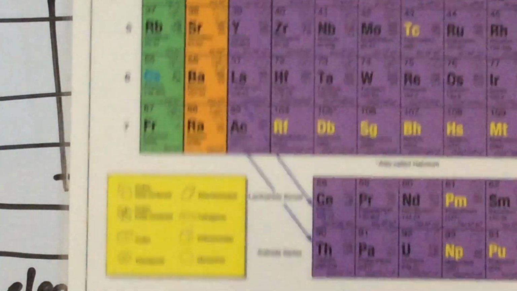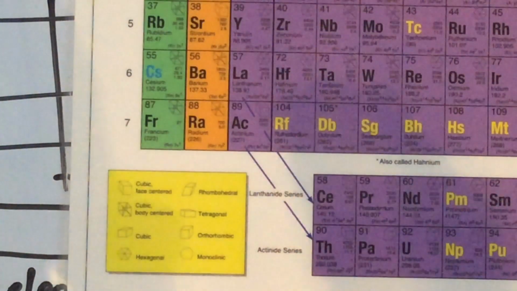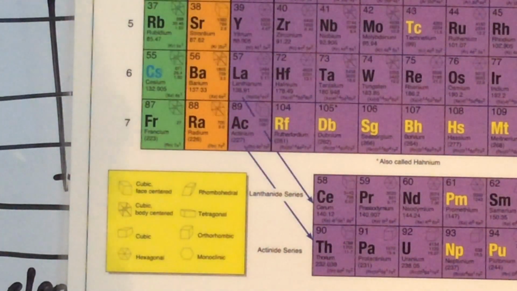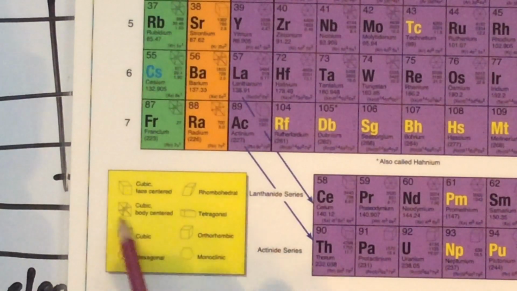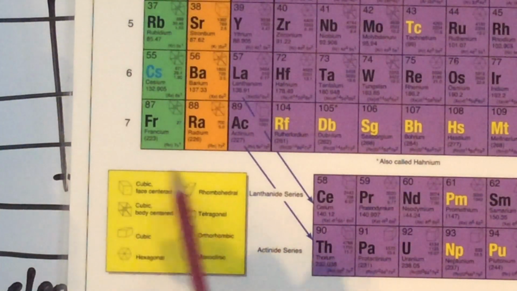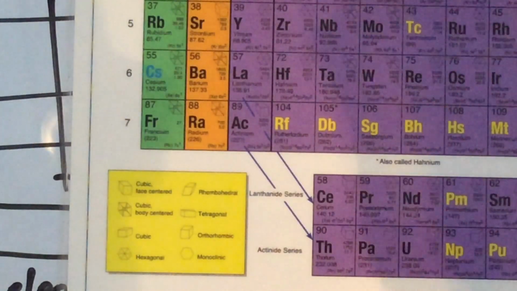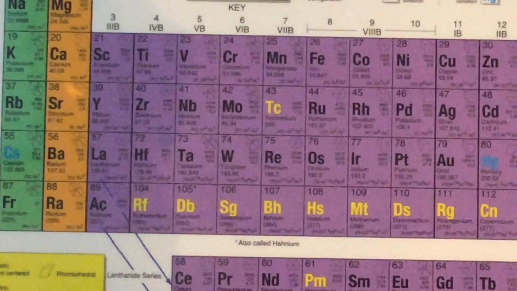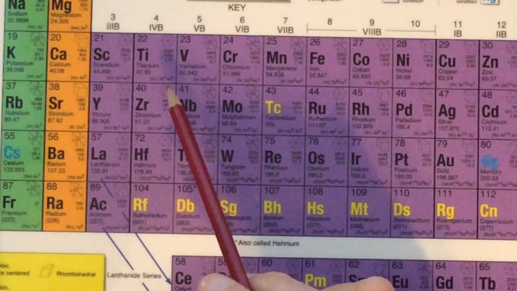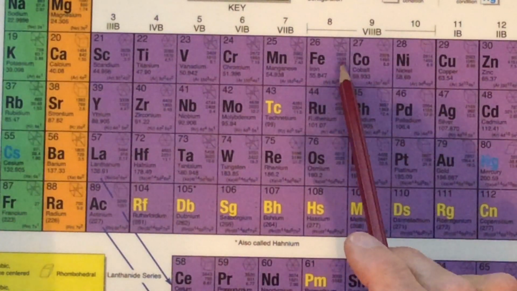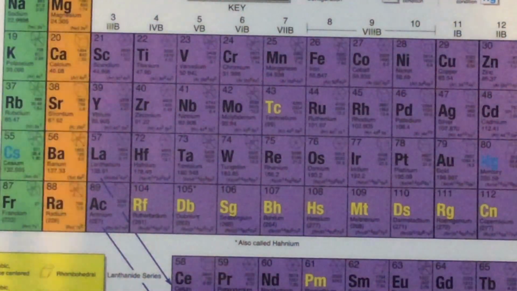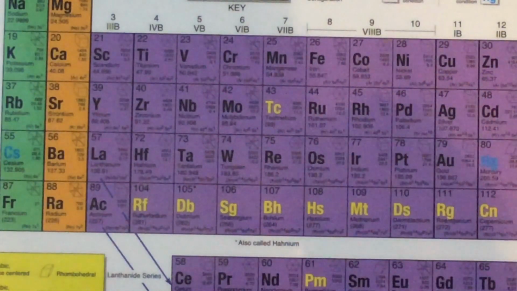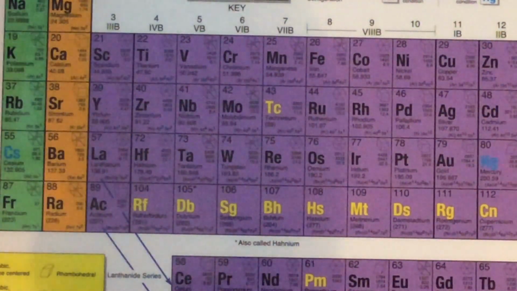The ones we're going to concentrate on will be the face-centered cubic and body-centered cubic crystalline structures. If you look closely at iron, you'll see that it's a body-centered crystalline structure. So this is a really nice periodic table to look through and understand a bit more about what these elements represent.